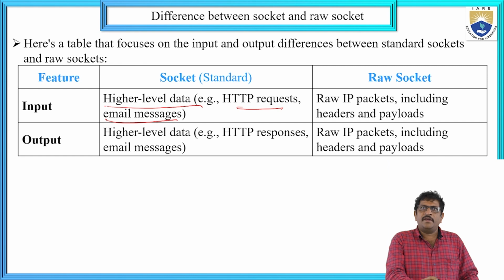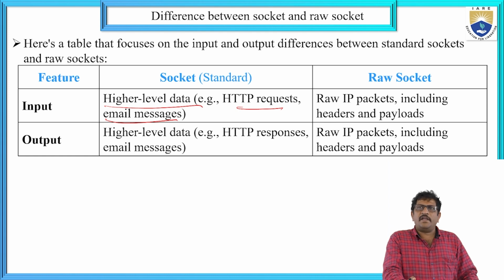So with the help of the standard socket, we can receive higher level data from the client or a number of clients, and the server can receive it. HTTP requests also handle higher level data. A bulk amount of data can be handled with the help of these protocols.